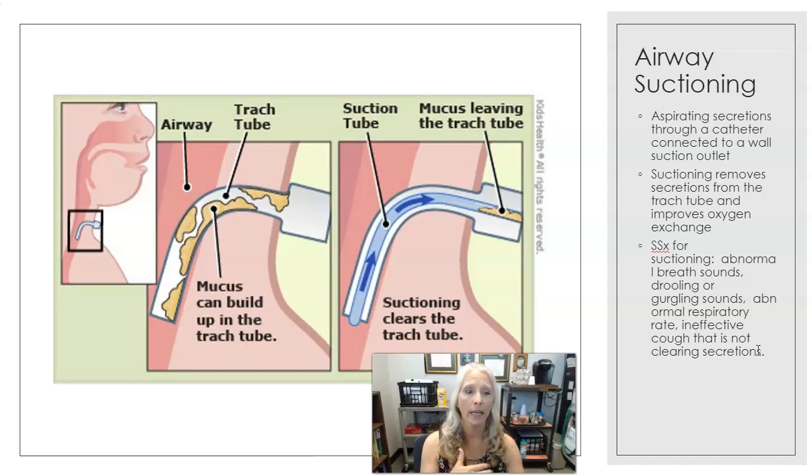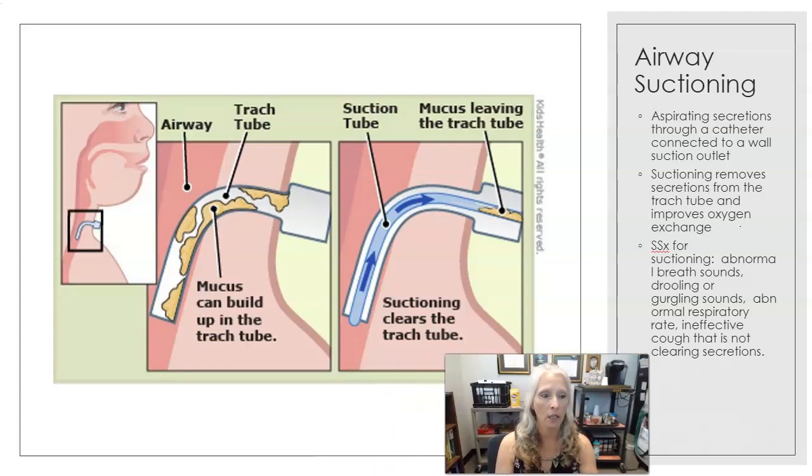They will have a very ineffective cough, and they're not able to clear those secretions out. So the endotracheal tube or the trach is going to have suction tubing already attached to it that can be lowered down into the trachea, and as you pull it out nice and slow, it suctions out all of that gunk so that the patient can begin to exchange oxygen again.